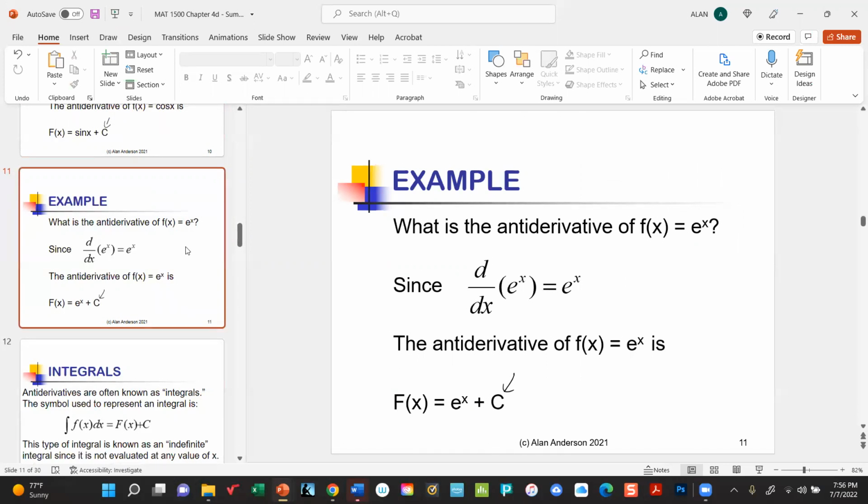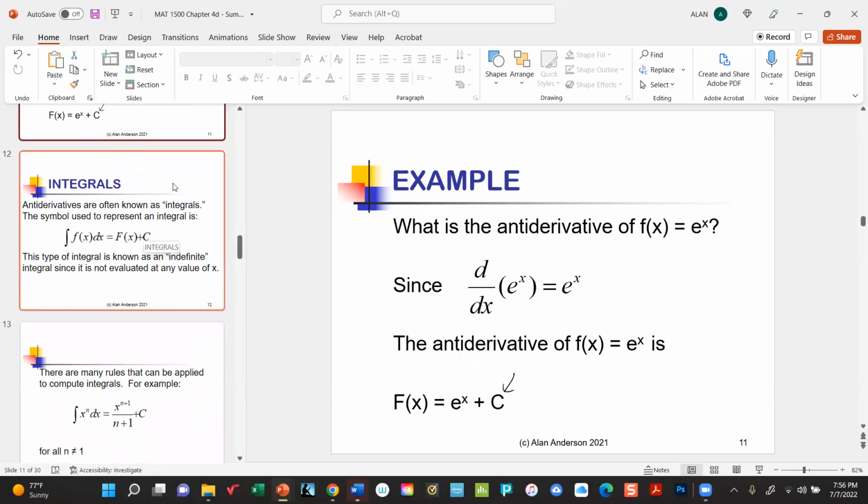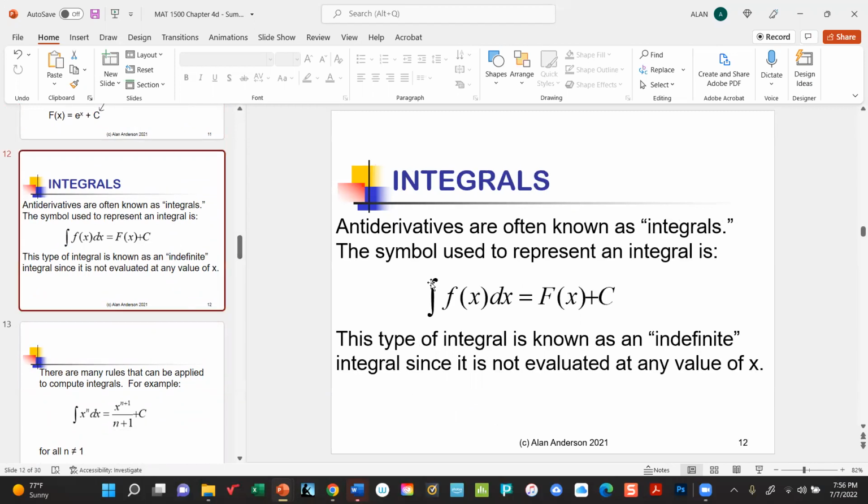Okay, so now we can introduce the more formal representation of these problems. That's the symbol I just mentioned. Now, by the way, once we get past this point, from now on, we very rarely call these antiderivatives.